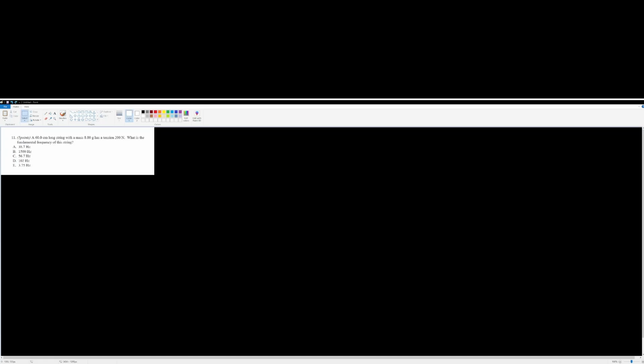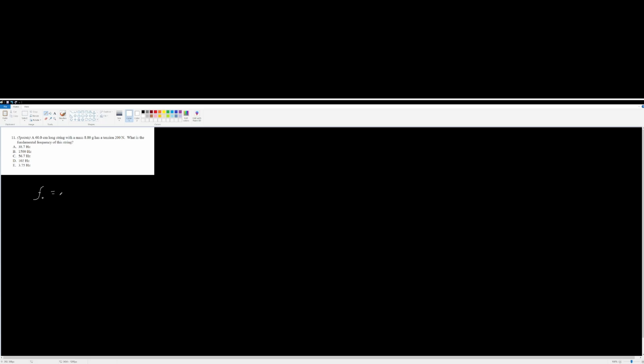Okay, so now we're moving on to number 11 here. And we have a 60 centimeter long string with a mass of 8 grams, and it has a tension of 200 newtons. And we want to know the fundamental frequency, which we can think of in this context as F naught of this string.